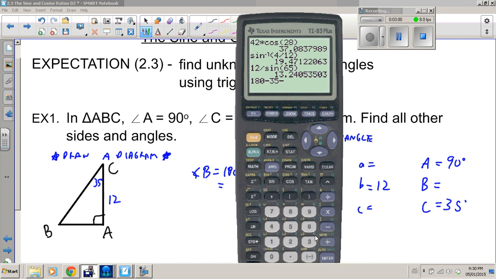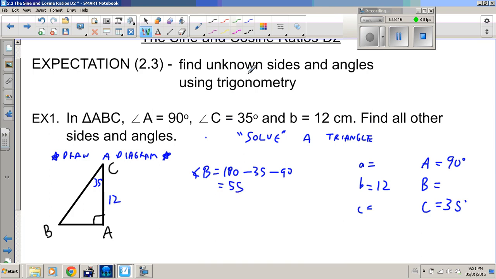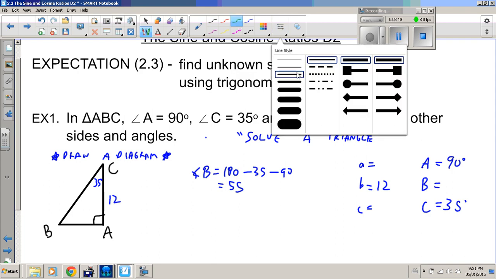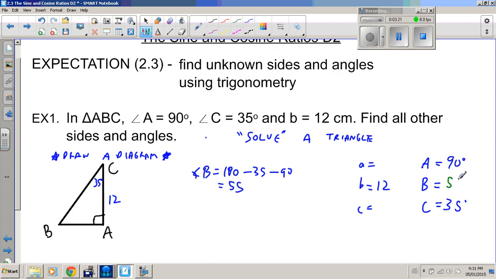A good way to think of this in your head is, you know that 90 is what's left after you take away the right angle, and then you just need the two numbers to add up to whatever's left. 90 and 35 and 55 do. So this is 55. And then I'm going to write that in over here as there's one of my answers. 55 degrees.